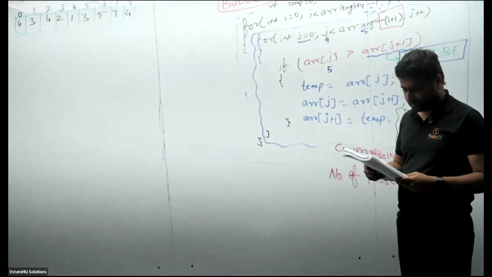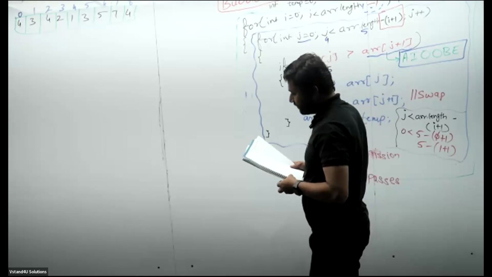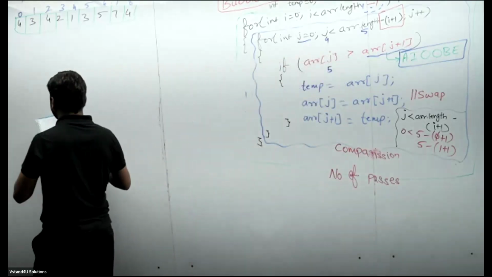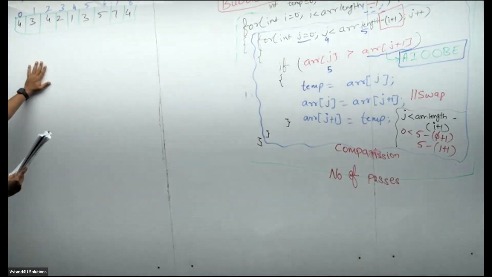Same condition. Every time you're starting from 0 only. Then whatever is the value of arr[i] that you're comparing, what is the need of taking this temp?